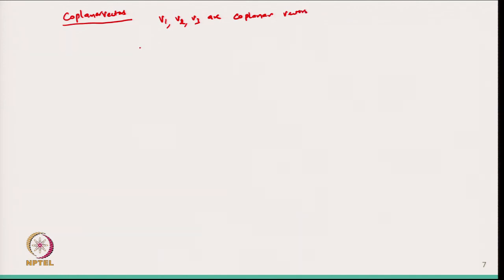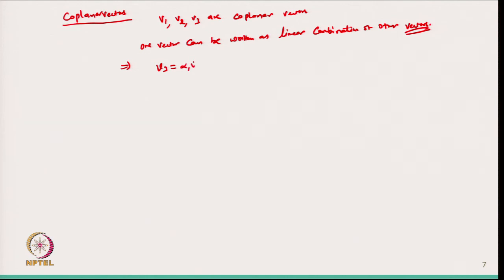It means this is possible if one vector can be written as a linear combination of other vectors, because that is the only possibility, only then we can say that this is coplanar vector. So, let us take V3 written as some alpha 1 V1 plus some alpha 2 V2.